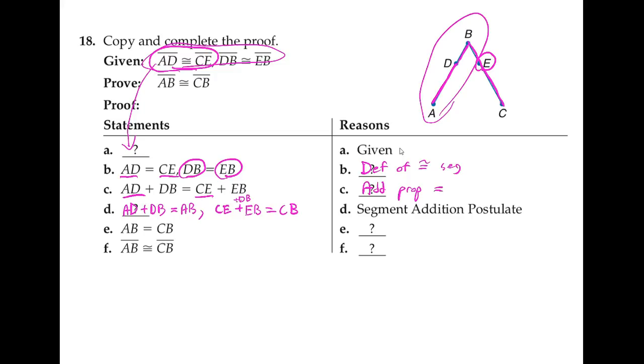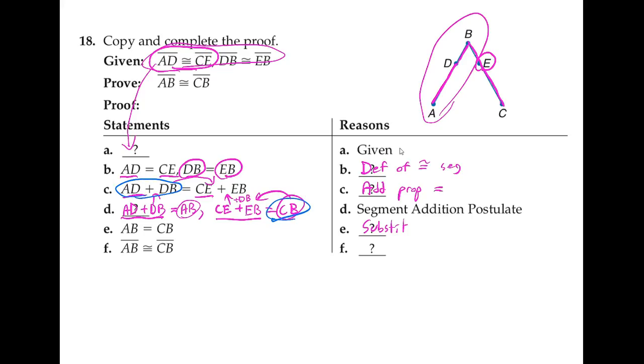Then what lets you say that AB is the same as CB? Well, we have AB is equal to this, and we have CB is equal to this, and from the very step above, we know those two things are equal, so that's the substitution property of equality. Or you could think of it as two steps of transitive, right? Like if CB is this, and this long thing is that, then those two are the same, right? Like these two are the same by transitive.